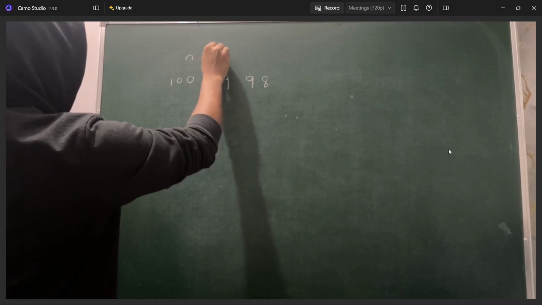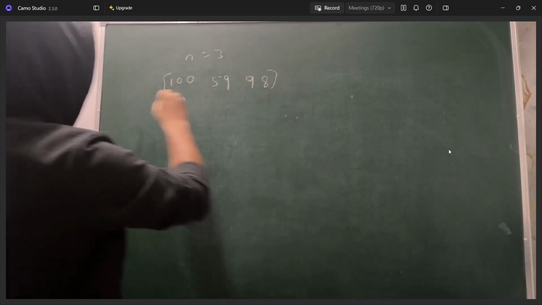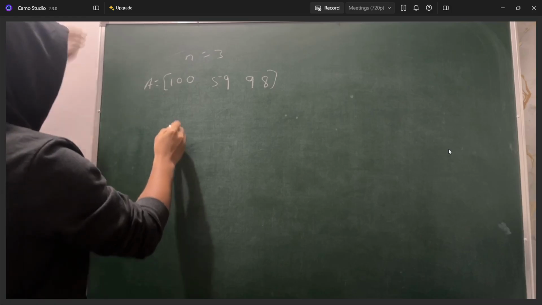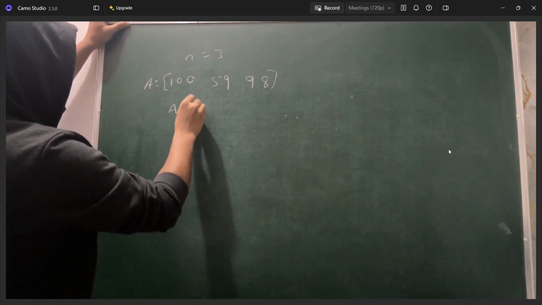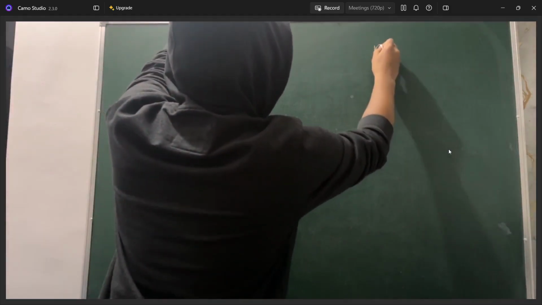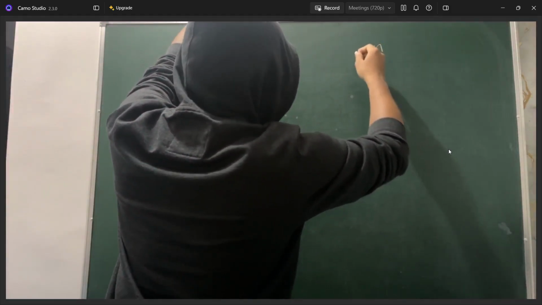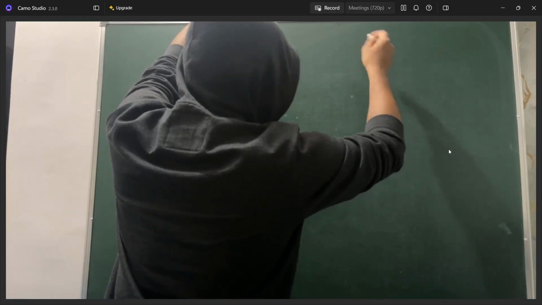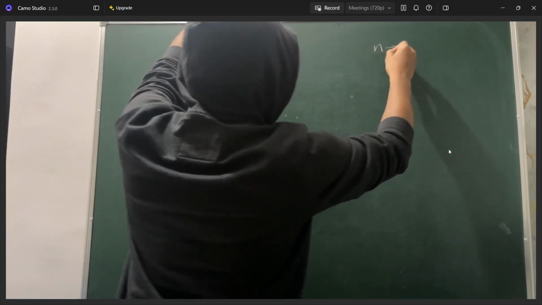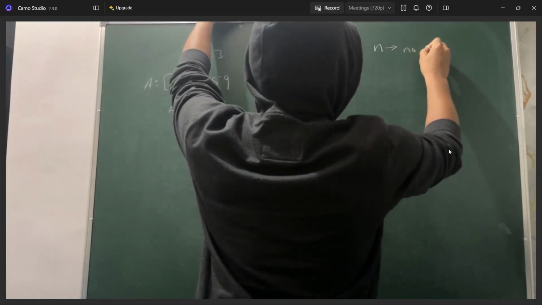So there are 3 students in a class, and this is basically array A. Here n is the length of the array, but the meaning of n is the number of students in a class.